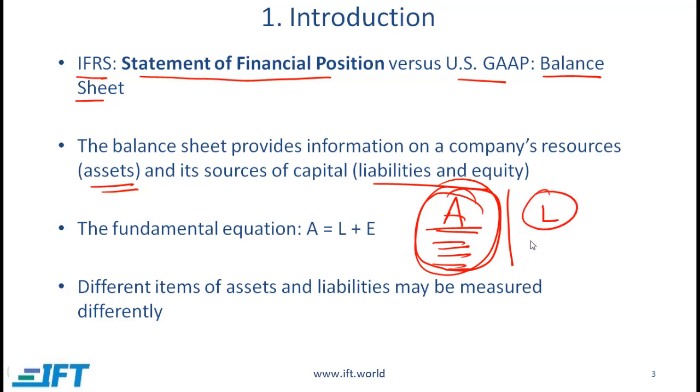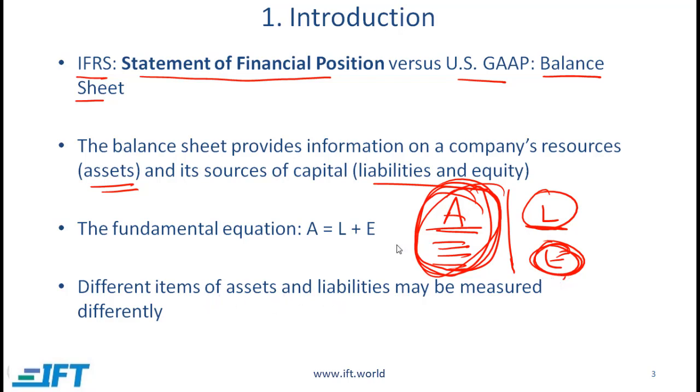Liabilities represent the debt-based financing, and equity represents the equity-based financing. To purchase these assets, either owners need to contribute money, which is equity, or money needs to be borrowed in some form, and that is liability. The total amount of assets has to equal the money that comes through liabilities or through equity.